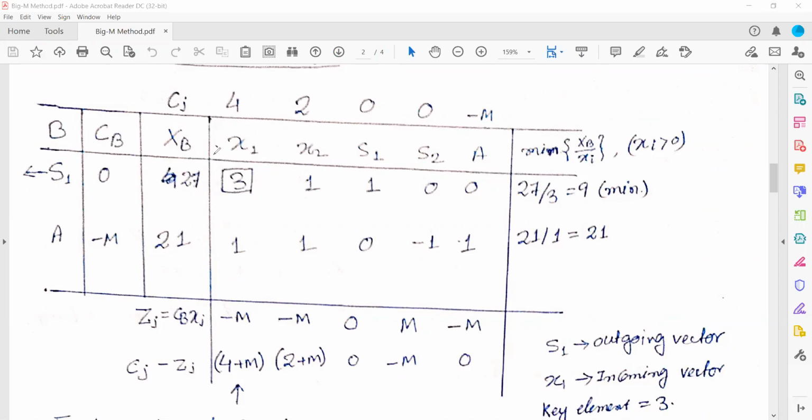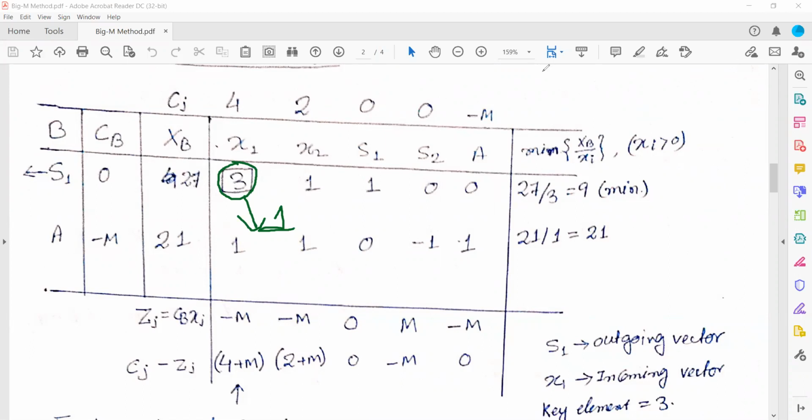First, you need to convert this key element to 1, by dividing the whole row by the key element. Simple. So in the next simplex table, we'll write this row first by dividing the whole row by 3.